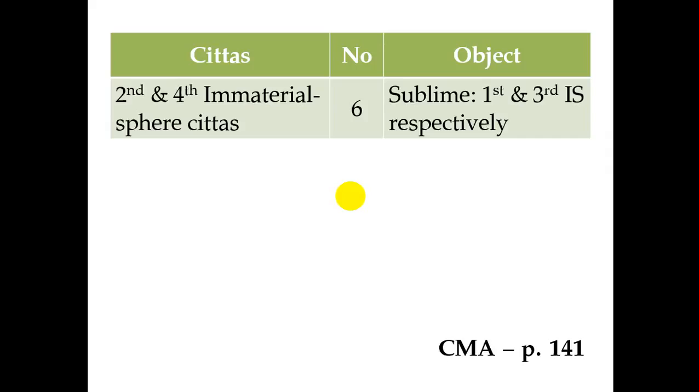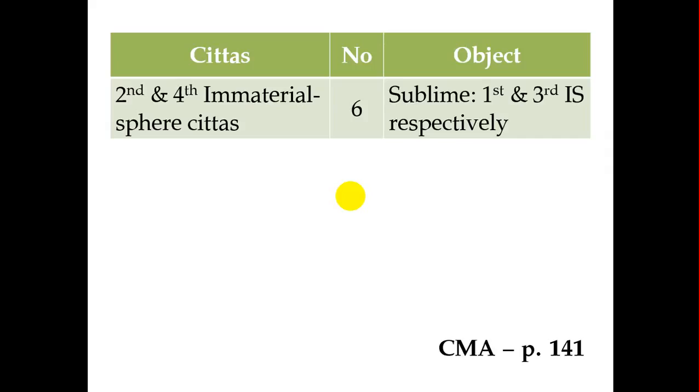The meditator creates in his mind that the moment he or she attains the second immaterial jhana, there is no first immaterial jhana. Using that nothingness as the object, he attains the third immaterial jhana.